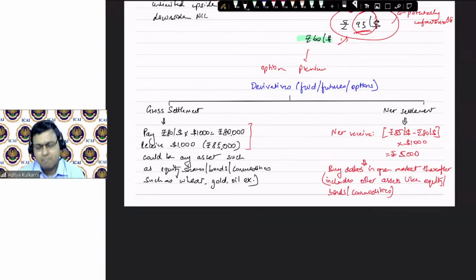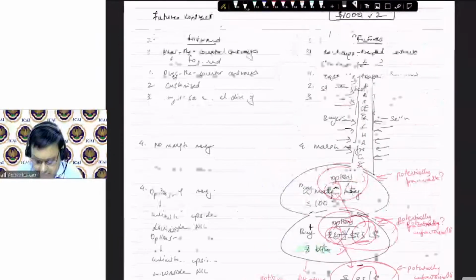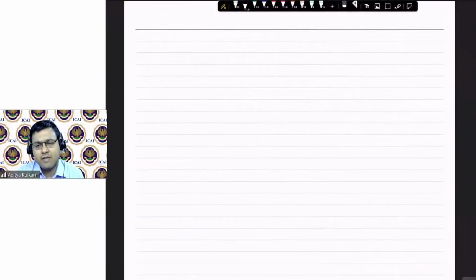Okay, just bear with me because I need us to understand why this is important for us. This is primarily because I want you to understand that not every derivative is a financial instrument. See, the immediate thought process of any student is derivatives are complicated. More complicated is financial instruments.